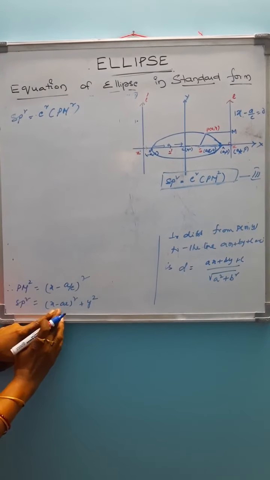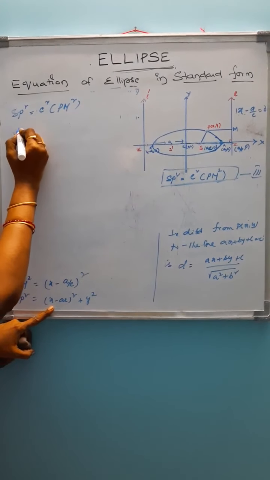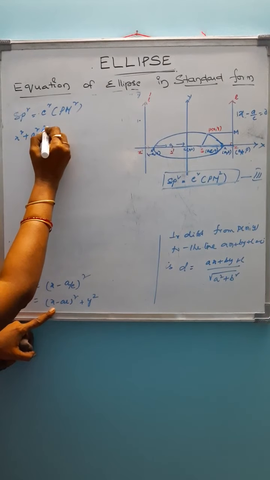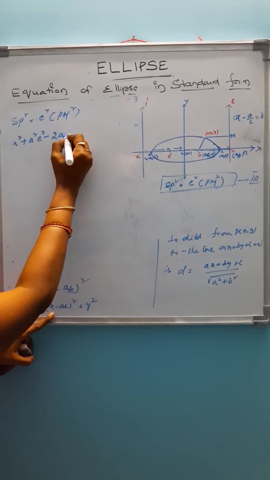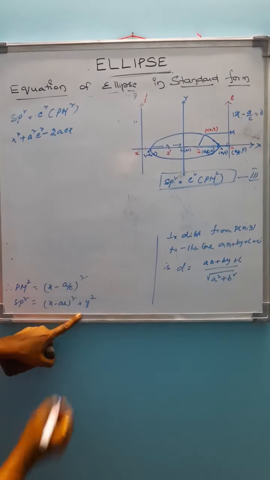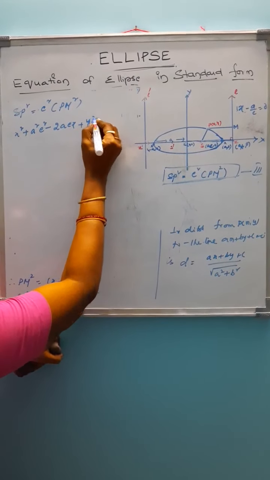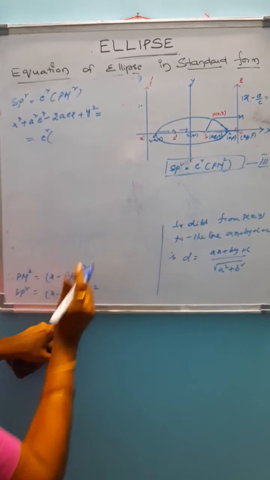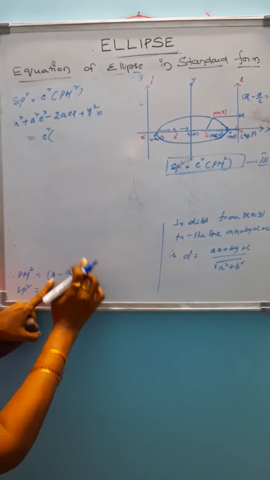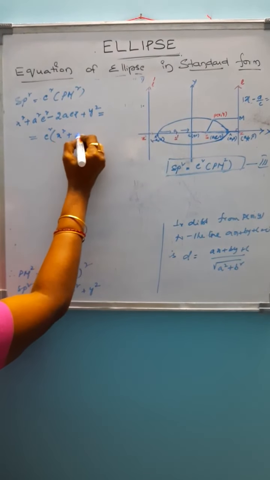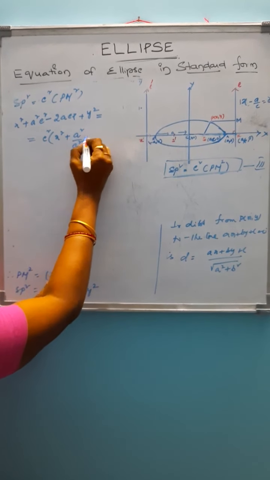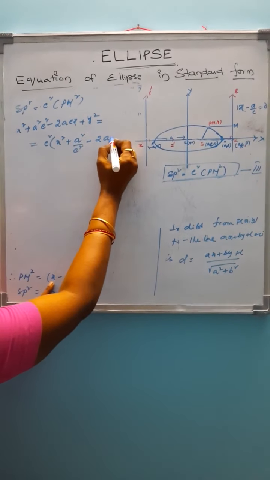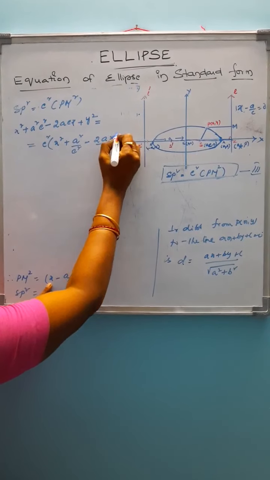SP square is (x minus ae) whole square, that is x square plus a square e square minus 2aex plus y square, is equal to e square into PM square, that is (x minus a by e) whole square, that is x square plus a square by e square minus 2ax by e.